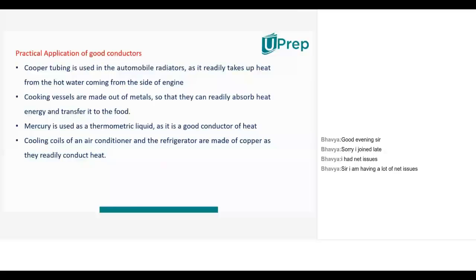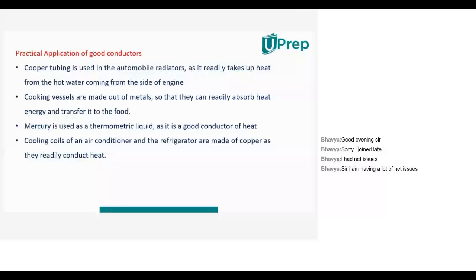So is air a best conductor or a poor conductor of heat energy? Right, it is a poor conductor of heat energy. That's why the heat which is there in our bodies will not escape easily to the atmosphere. Why?